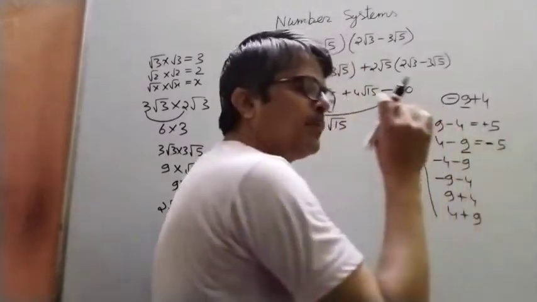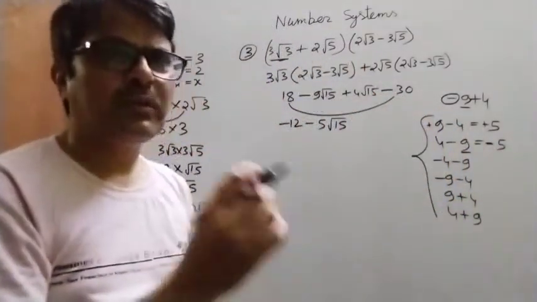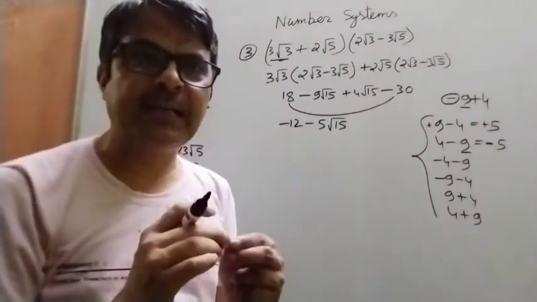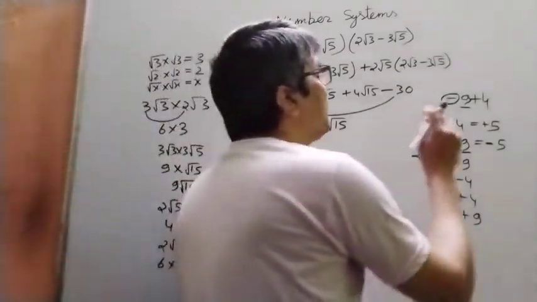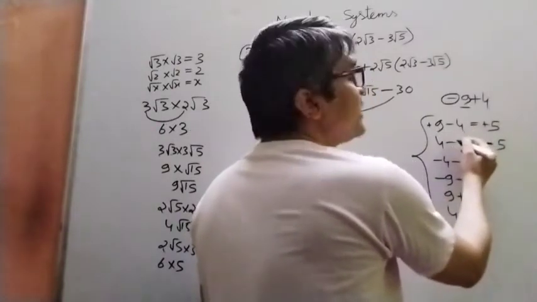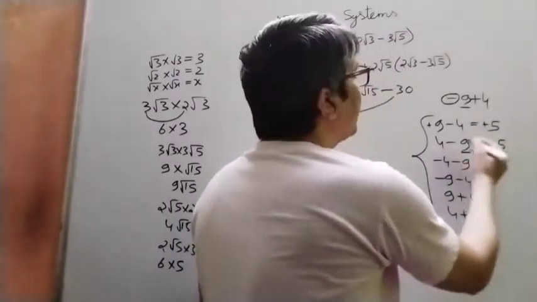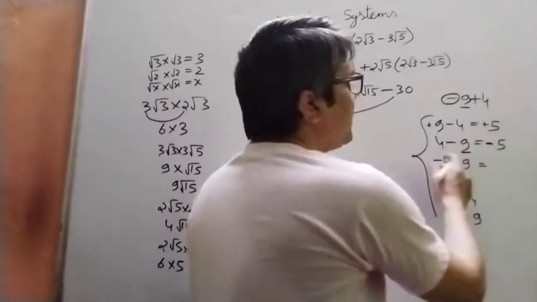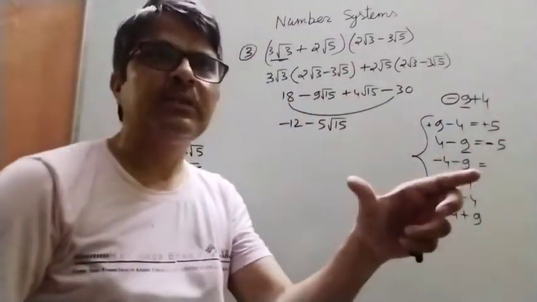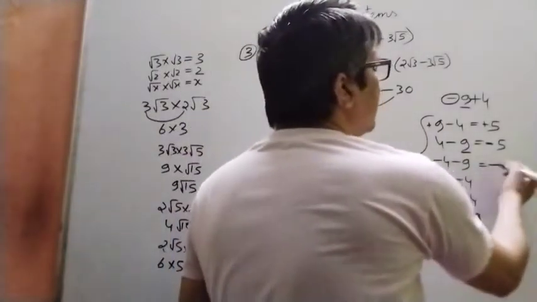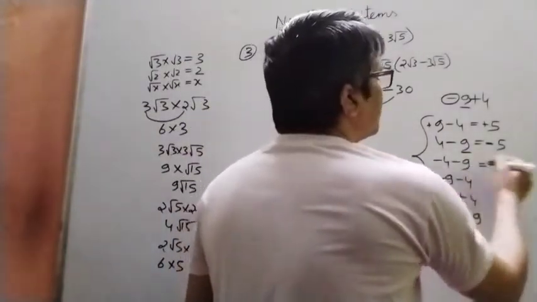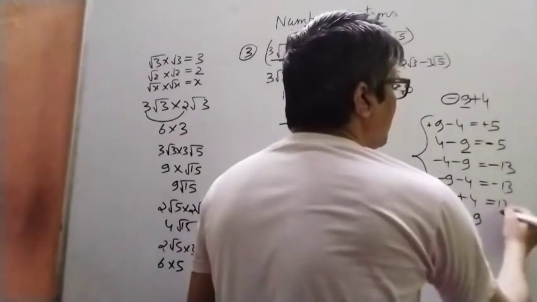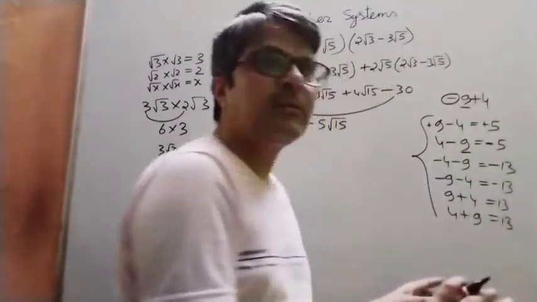In case of one number positive and the second number negative, you have to subtract it and the sign of the larger number is applied. So the larger number was 9, so I have written minus. If both numbers are minus, then you have to write minus and add. 4 plus 9, 13. Same here, minus 13. Any doubt? No.